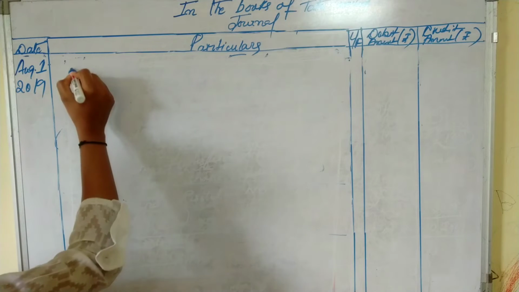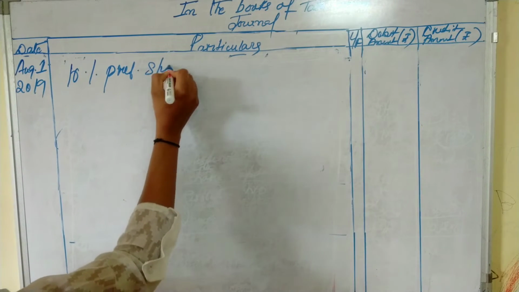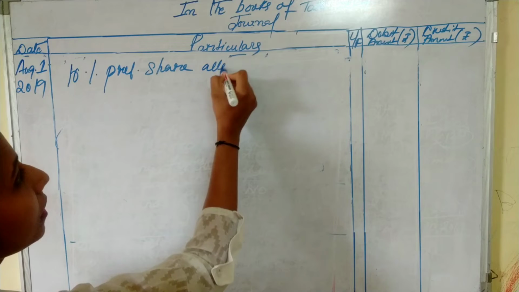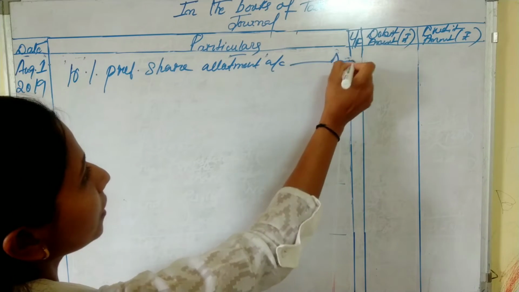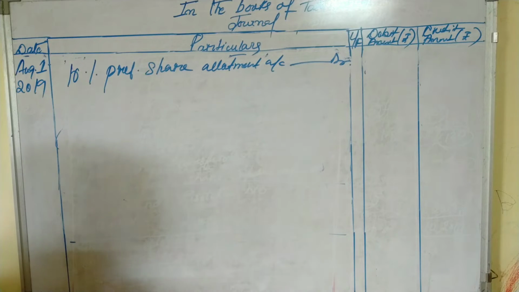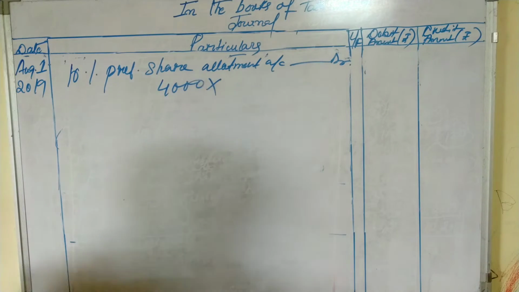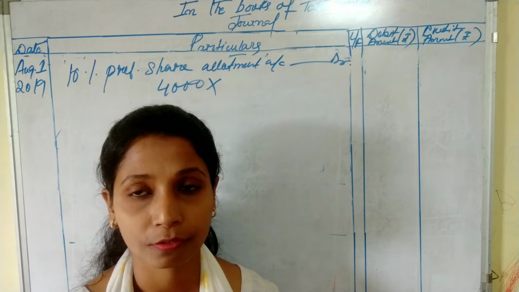Now 10% preference shares, the company will call for the allotment money. 10% preference share allotment account debit 4,000. Now what is the total amount of allotment?